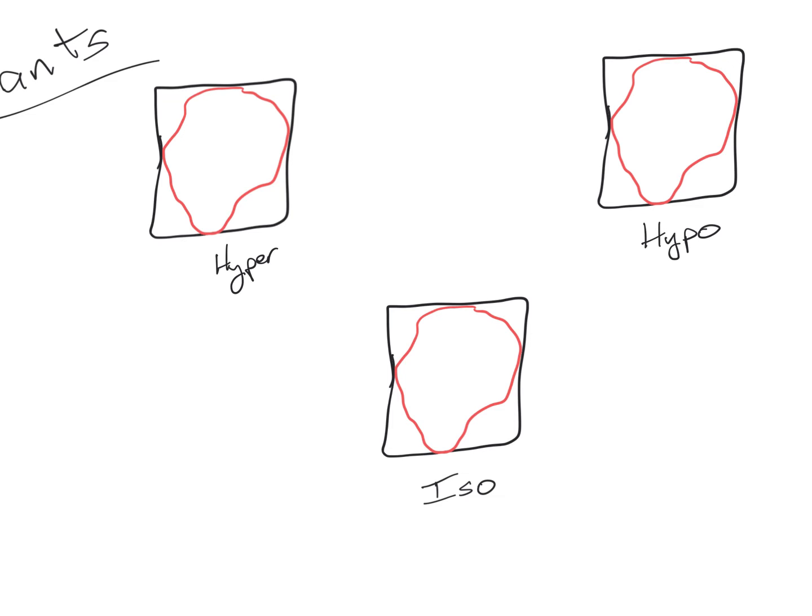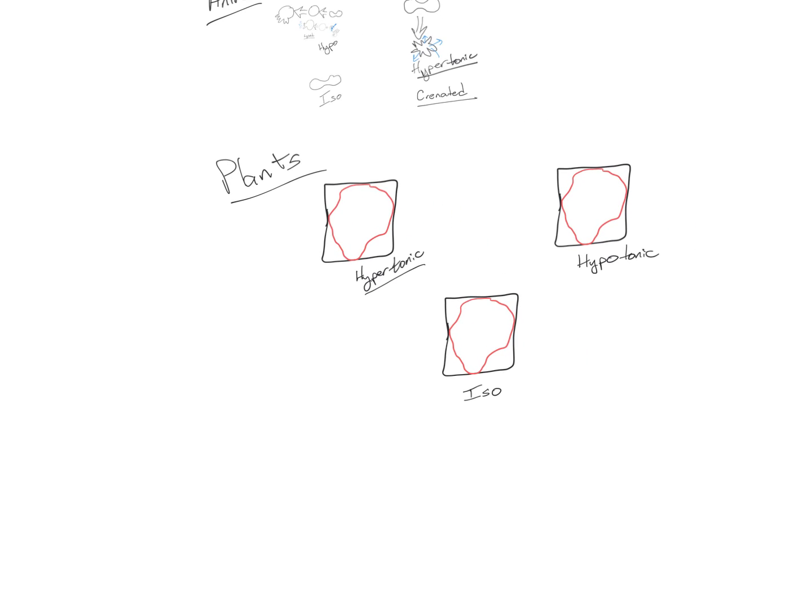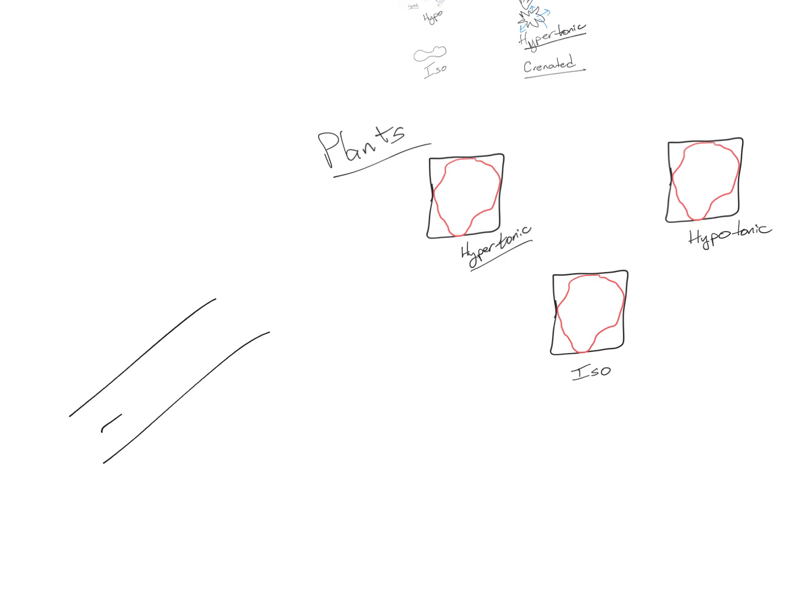When I say hypo, I mean hypotonic, low solute outside. Hypertonic is high solute outside. So when could this happen to a plant? Think about the winter along a road, and you see a tree. During the winter we put salt on the roads, and as the ice and snow melts, that water is going to be salt water.